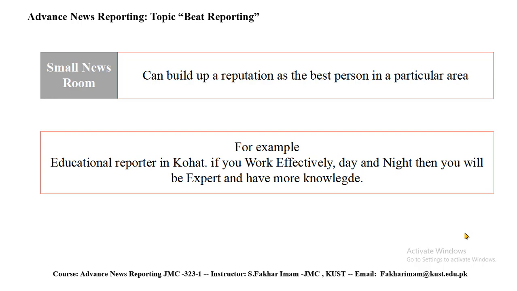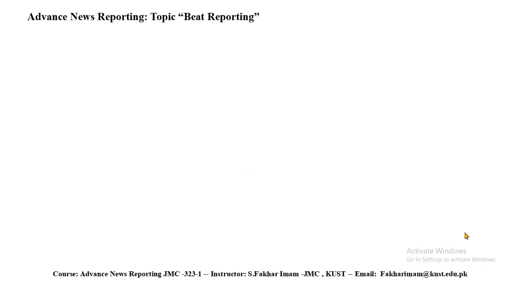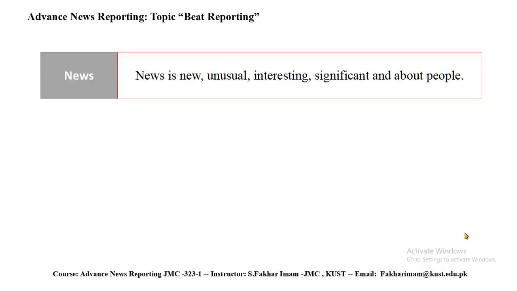The advantage is that if a journalist is assigned a special area, he or she will know more about that as compared to other reporters. So he will have more knowledge. As we know, news is new, unusual, interesting, significant and all about people.